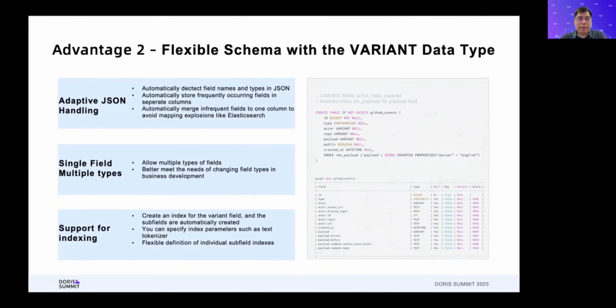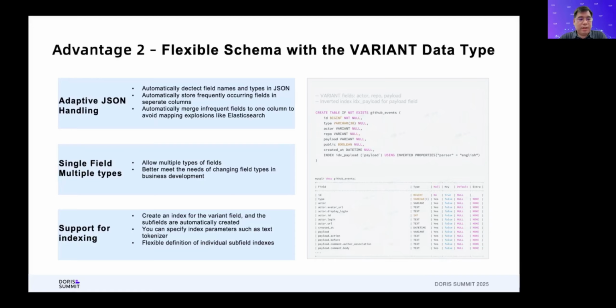Okay, after we dive into the performance technologies, let's continue to the second advantage. It's about a flexible schema with the variant data type. The variant data type can store any kind of JSON. It has three benefits.